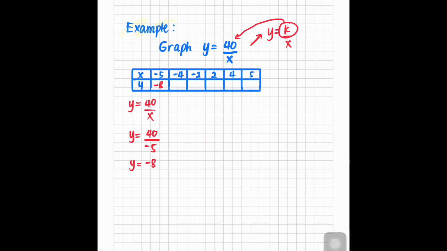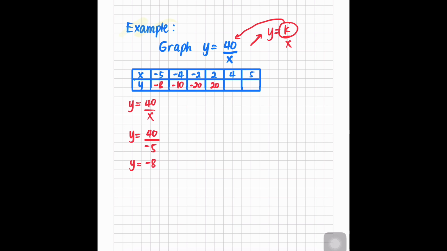When x is equal to negative 4, we simply do 40 divided by negative 4, which is negative 10. When x is negative 2, 40 divided by negative 2 is actually negative 20. If x is 2, y would be positive 20.